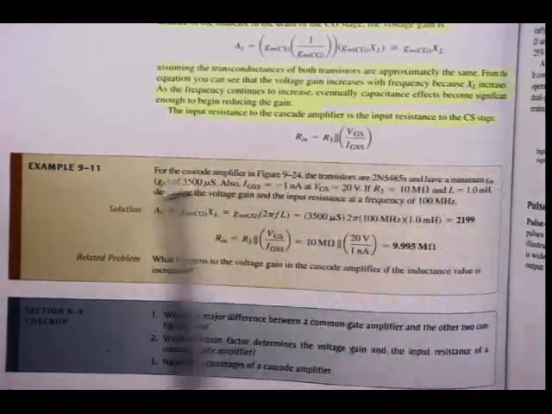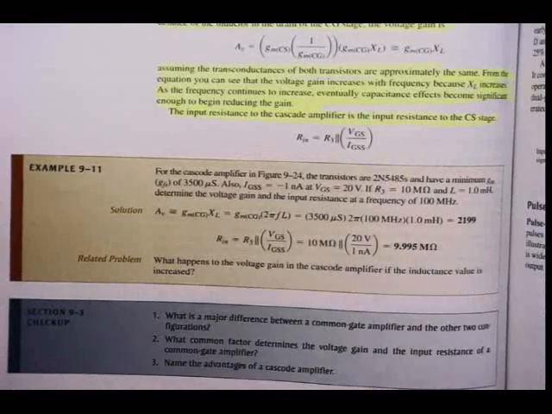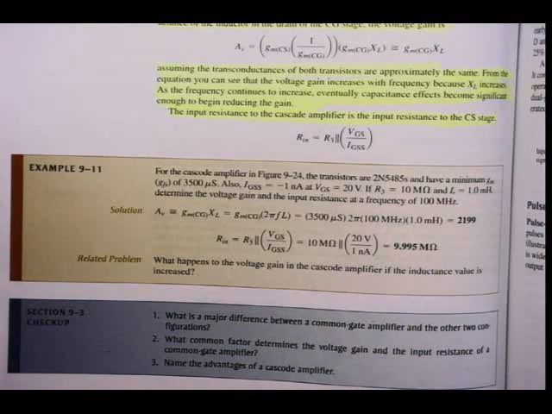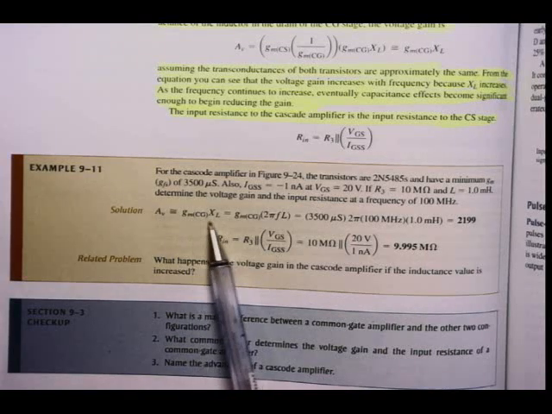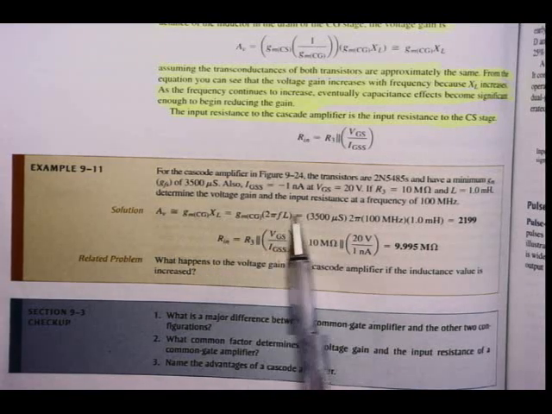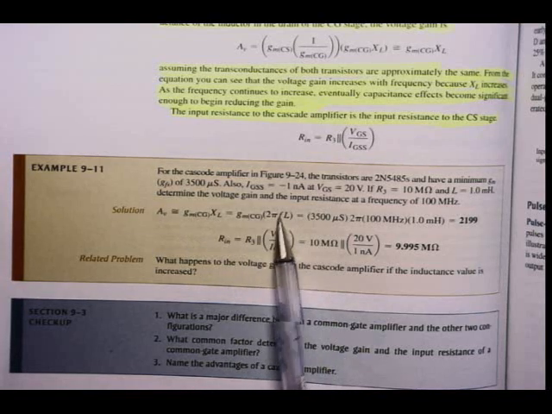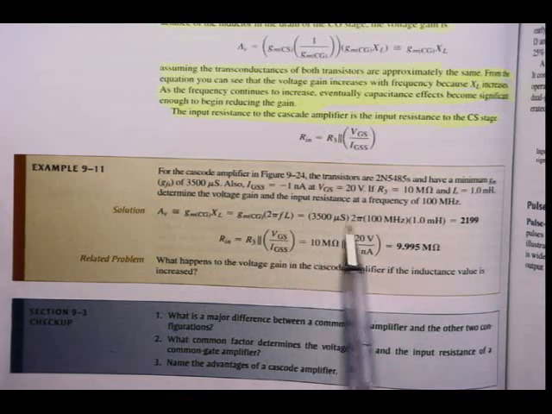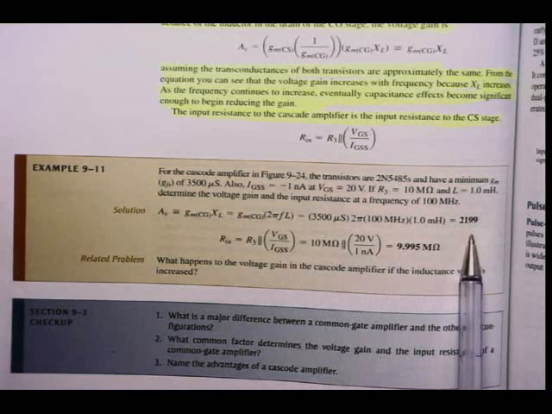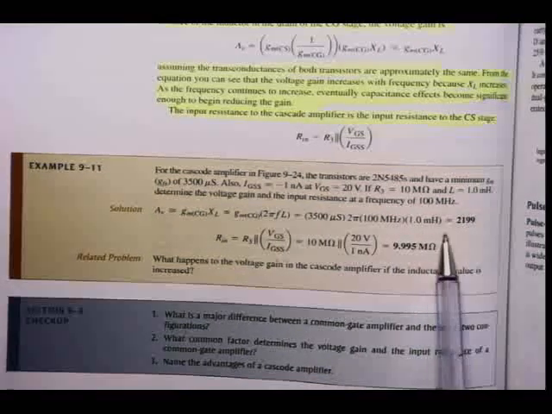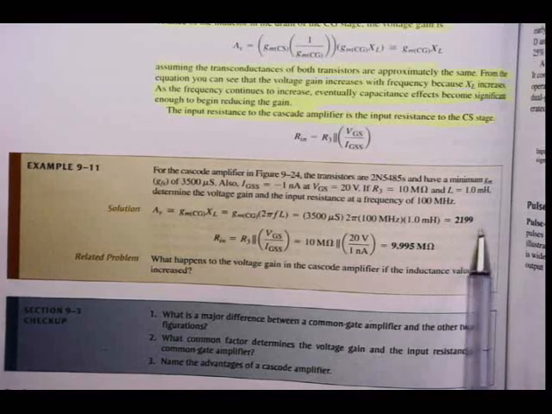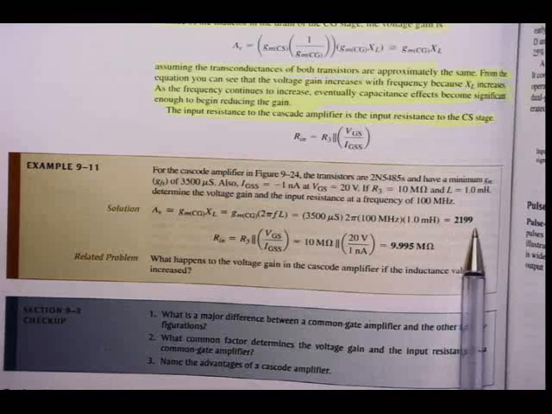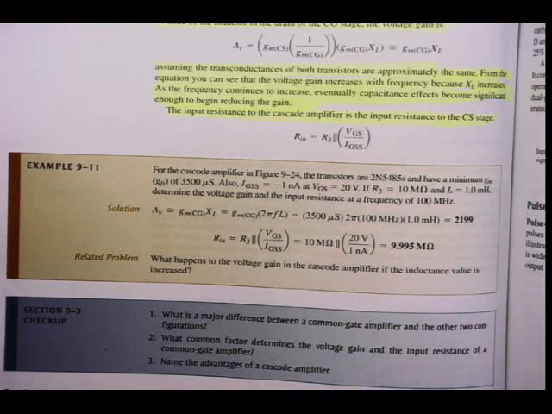So they basically gave you all the information to be able to use these formulas. So you just put all the values in there: Av, the voltage gain, is gm of the common gate times XL, and XL is 2 pi f L, and I just put all the values in. In this case, 2199. It's actually quite strange that they wrote it in this American book like this. Normally it's 2,199 if they mean thousands, if you can recall from the previous examples.